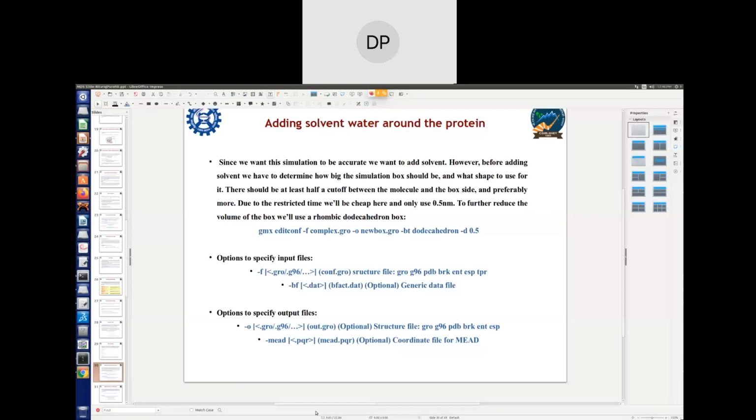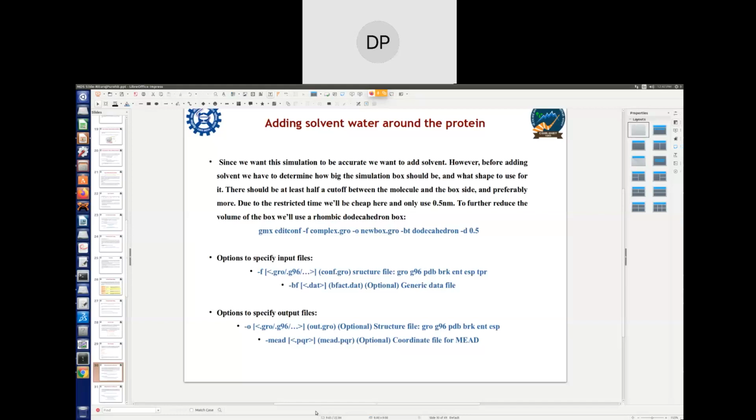So the simulation box should not be too small, nor too big. If it is very small, then your protein complex will touch the boundary and you will get artifacts in your trajectory. So you need a proper simulation box where you can put your protein ligand complex. What shape to use is also important.